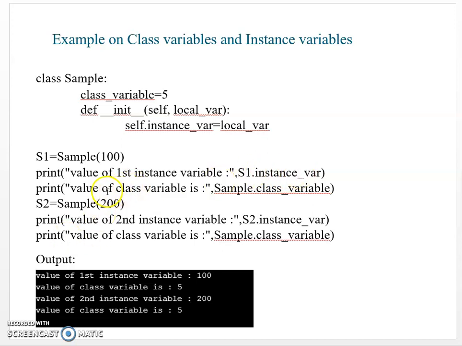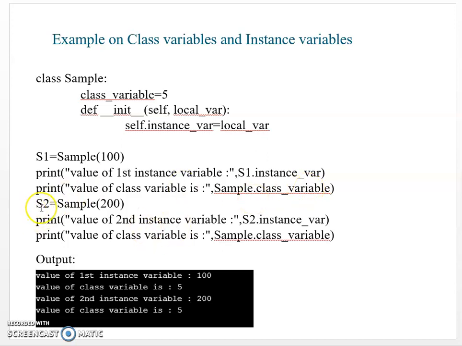Next, I have printed the value of the class variable on the console. To use the class variable, we have to use the class name. So Sample is our class name, then write the dot operator and mention the class variable name: Sample.class_variable. It will print the value 5 on the console.